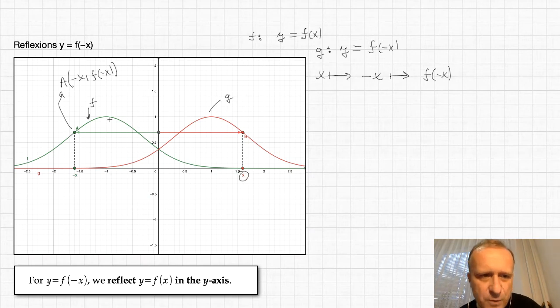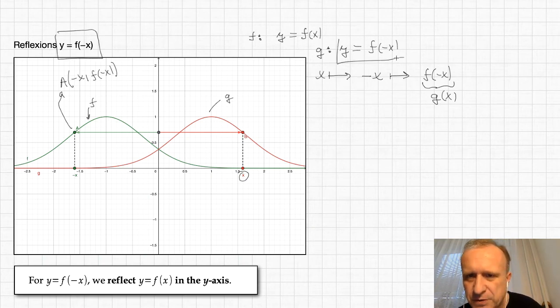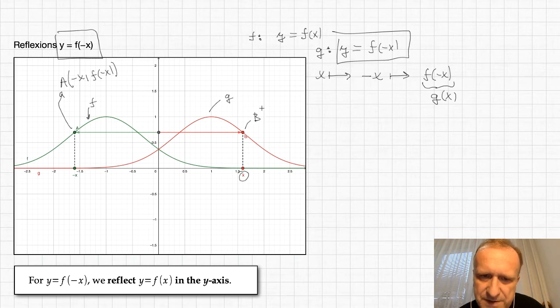Now, having the y coordinate of point A, we use it to define the y coordinate of point B, because this is nothing else than g of x according to this. Okay, so g of x is f of minus x. So this point B here has the coordinates x and f of minus x.